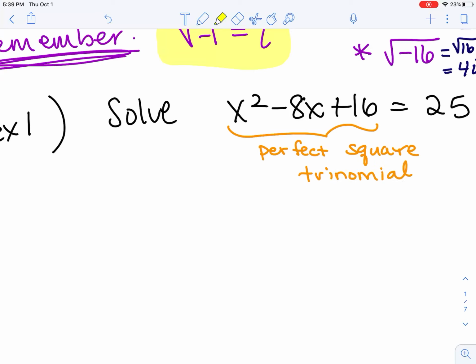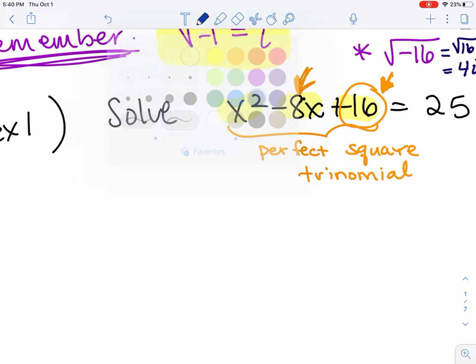It's a trinomial because there are 1, 2, 3 parts. This term right here is a perfect square, where the root of 16 is 4, and this middle number is double the 4. When it has this pattern, where there's a root here and the root doubled is the middle term, that's what's called a perfect square trinomial.